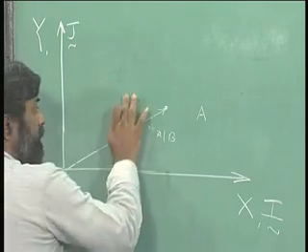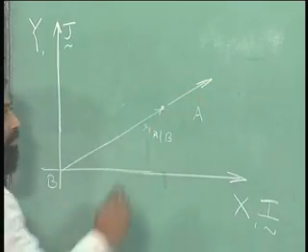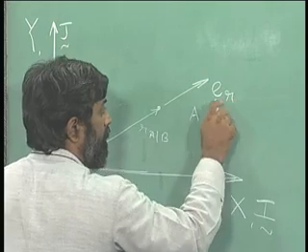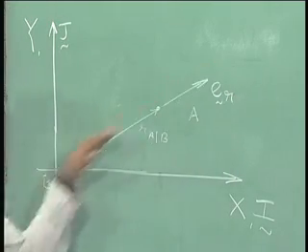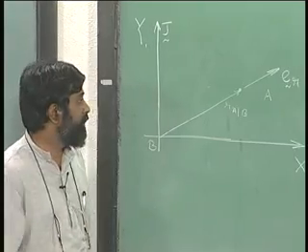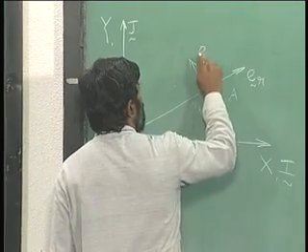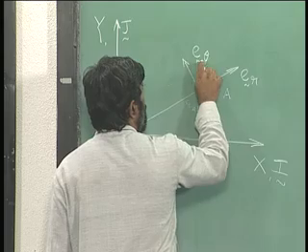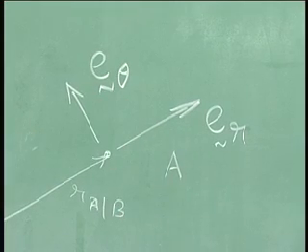So, we will represent this by a vector ER, which is along this line RAB, and another which is perpendicular to this, which I am going to call E theta. These two are the unit vectors I am using.